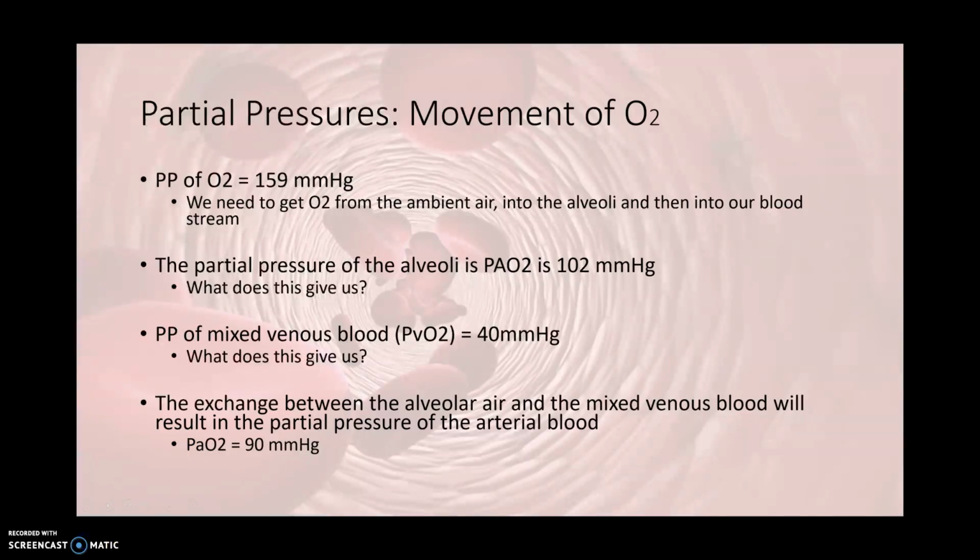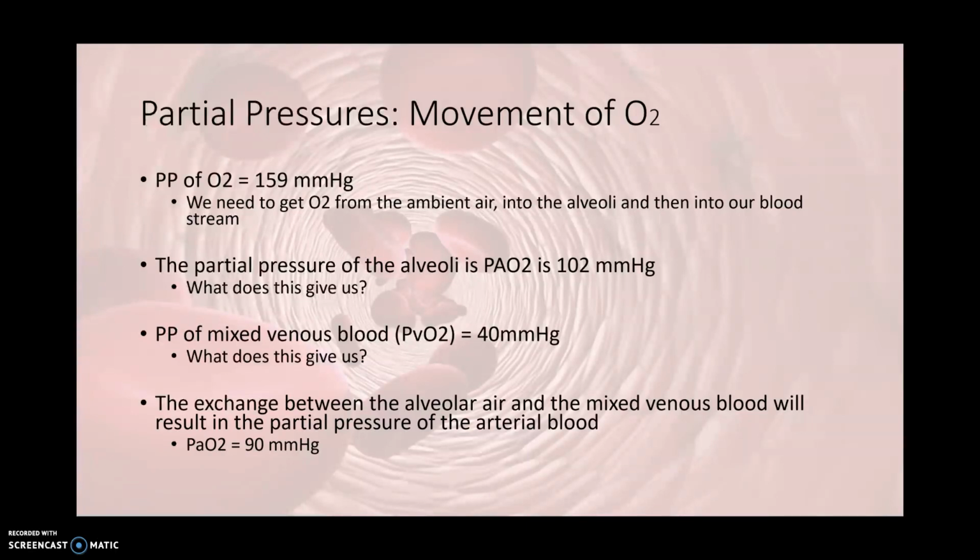Okay, so we have oxygen in the ambient air. We have taken it in, it has gone to our lungs and into our alveoli, so it gives us a nice gradient of 60 from the ambient air into our alveoli, and then from the alveoli we need to get it into our bloodstream. Our mixed venous blood, which has been stripped of most of its O2, is down to about 40 millimeters of mercury. It exerts that amount of pressure.